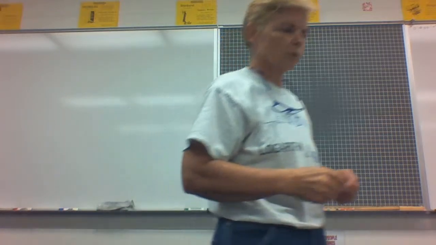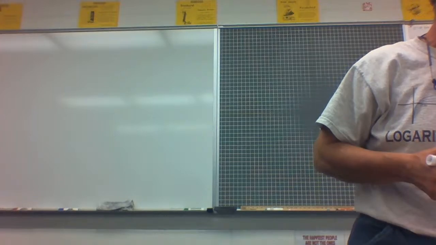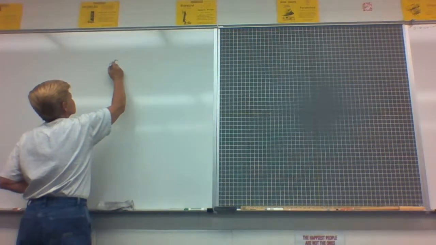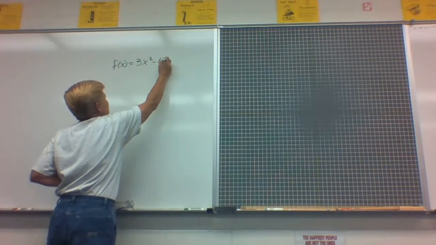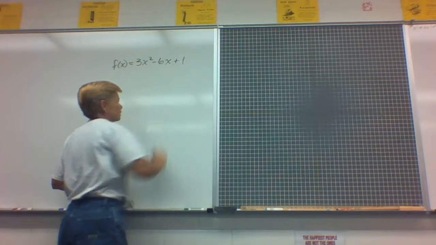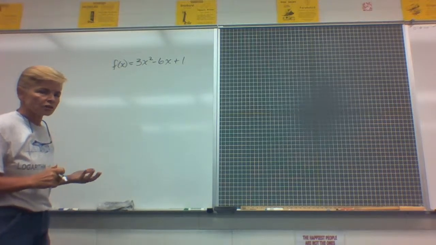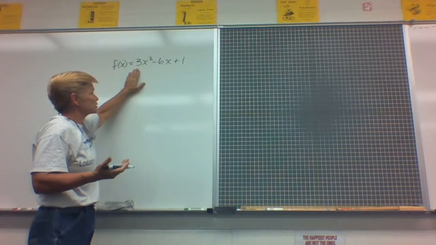So here's what example 2 does. Example 2 says, let f of x be 3x squared minus 6x plus 1. Now, remember to find our vertex, the place where we're going to start to graph this thing, we need to clearly be able to identify and understand what A, B, and C are.